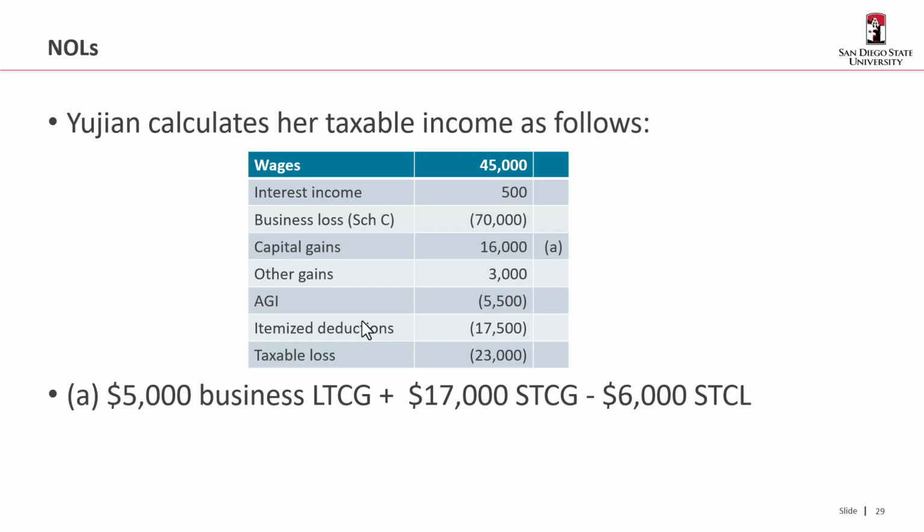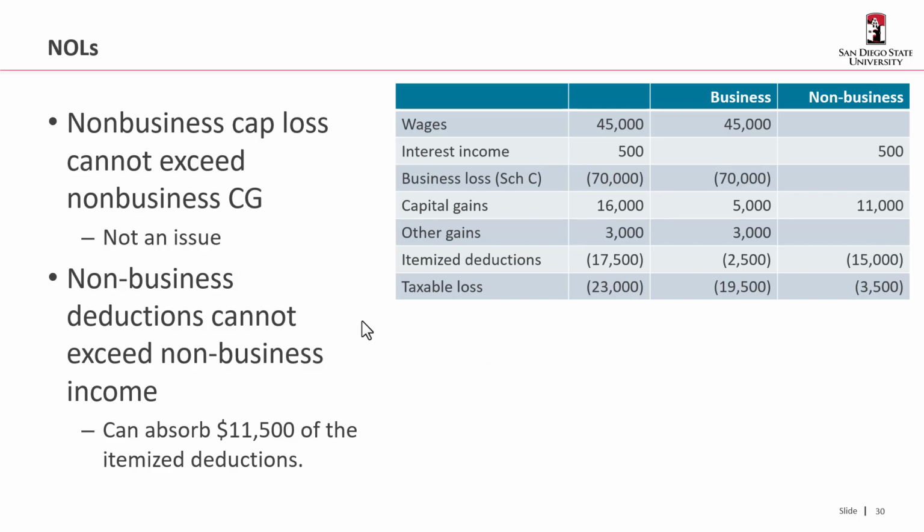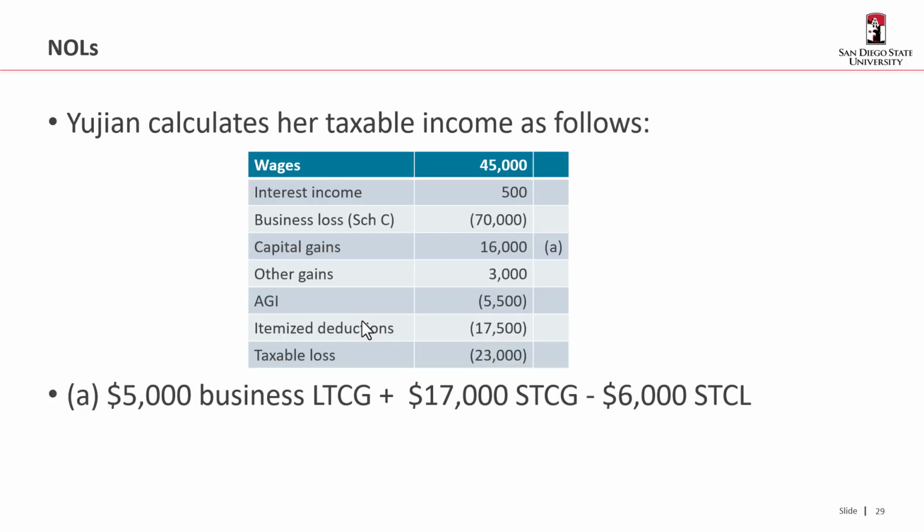Instead, we need to bifurcate these items into their two pieces. So let's take each one of these items and classify it. Wages are considered business income. The interest income was just investment income, so that is non-business. Her business loss on her Schedule C was $70,000. That's, of course, business. The capital gains need to be split into the two parts, so let's go back and look at those.